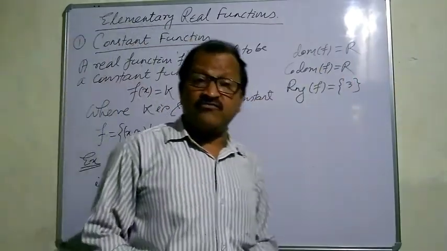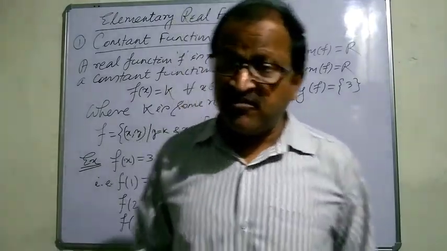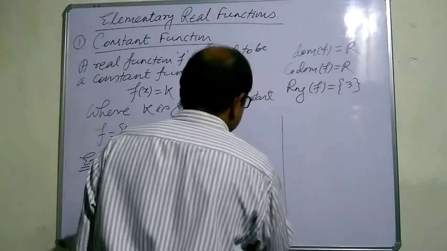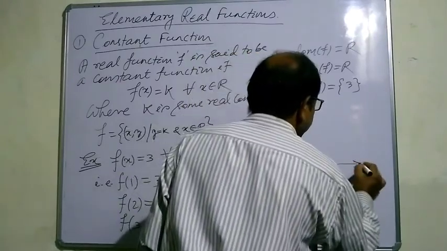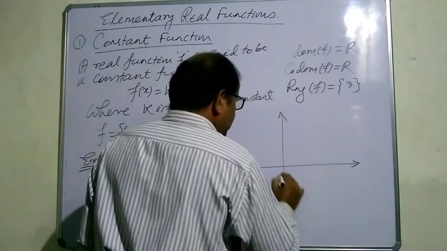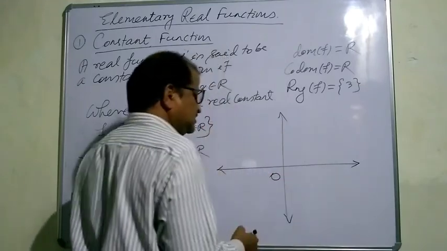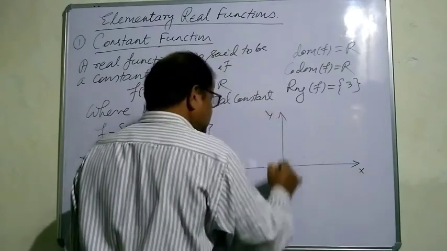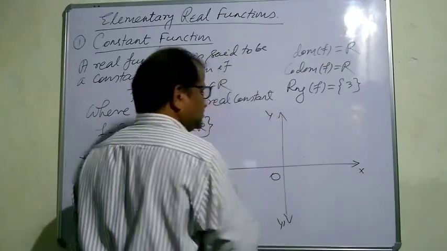And what is its graph? It's very simple to draw the graph of this function. You see, suppose this is our coordinate plane, and these are the axes, x axis, y axis, right?